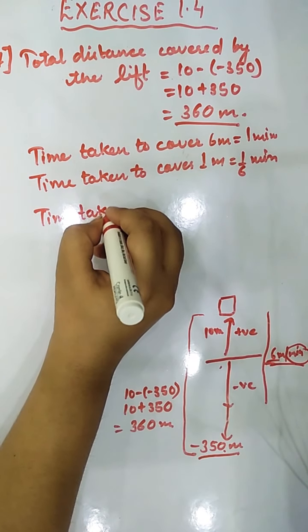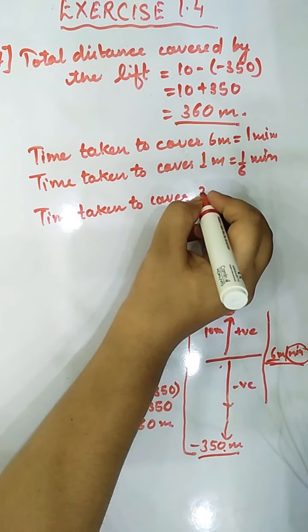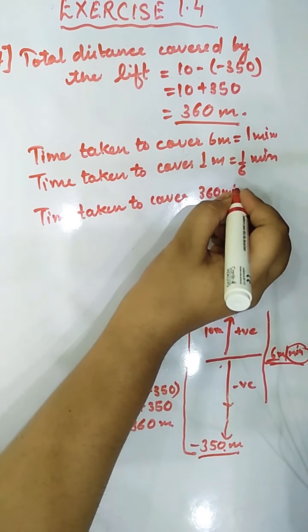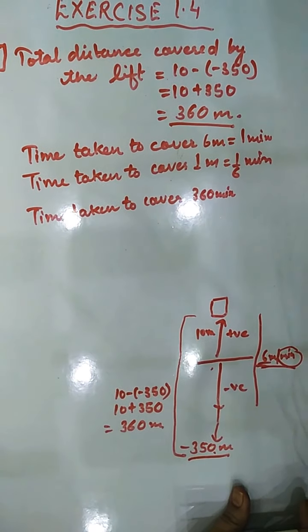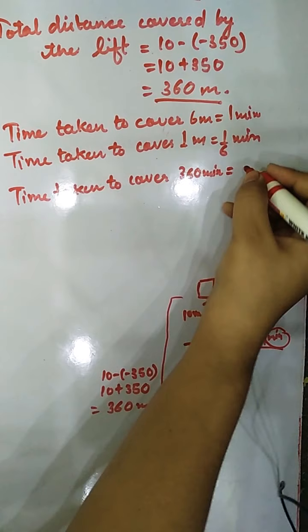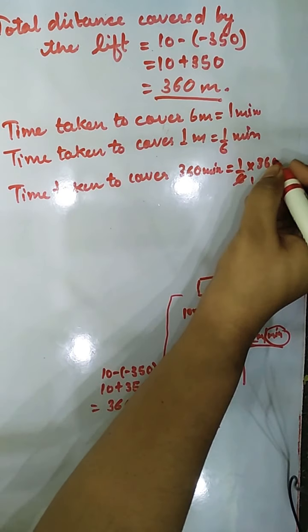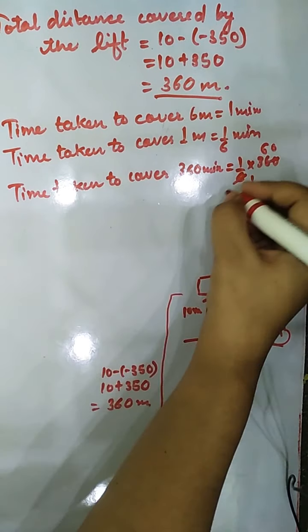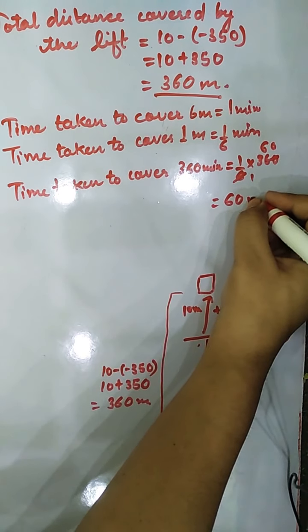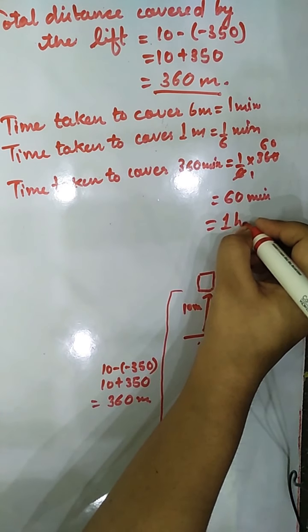So time taken to cover 360 meter will be how much? 1/6 into 360. So 6 sixes are 36, 60. This will be 60 minutes, or you can also write 60 minutes is equal to how much?